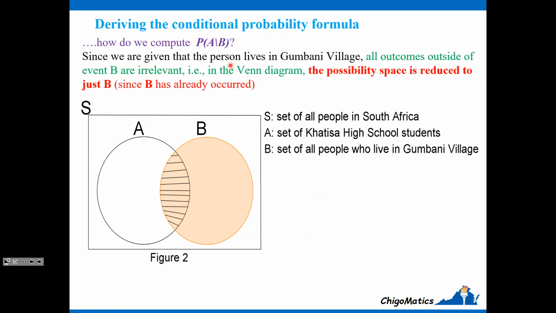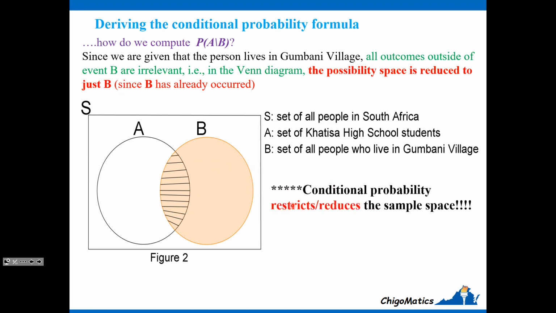Since we are given that the person lives in Gumbani village, all outcomes outside of event B are irrelevant. They are now useless. We are not going to consider them because we know the person is in Gumbani. That is to say, in the Venn diagram, the probability space is reduced to just B. The sample space has been reduced to B since B has already occurred.